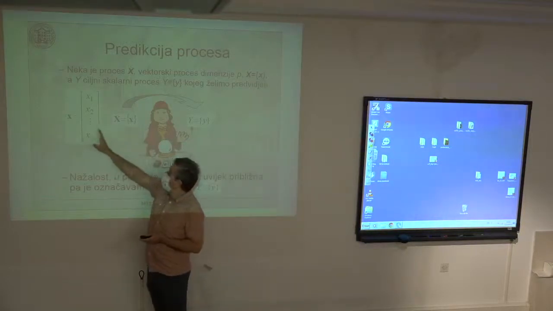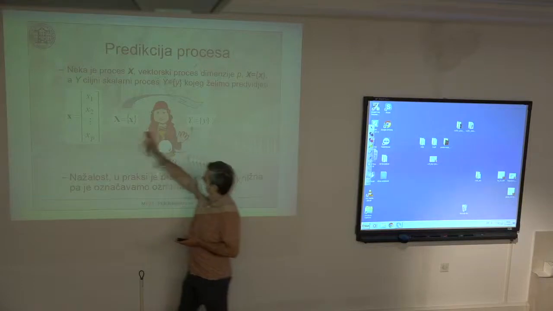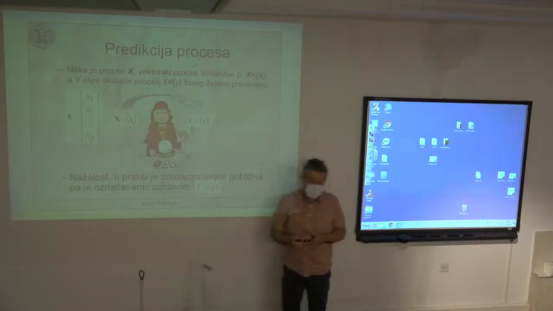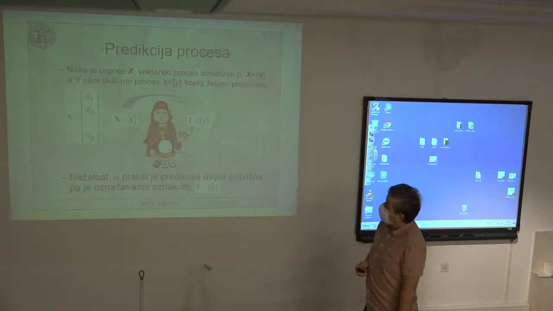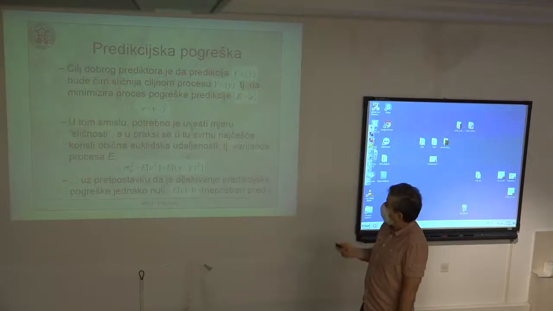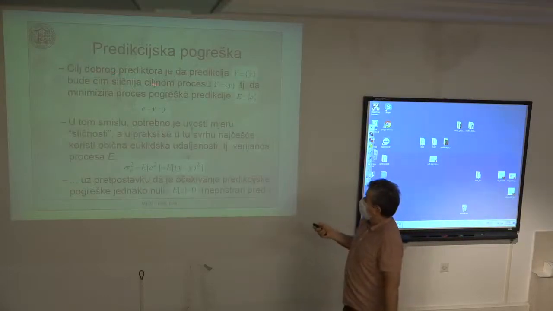I have, let's say, 1,000 such vectors and 1,000 corresponding target values. And I want to have the prediction that is as good as possible for all of those 1,000 pairs.